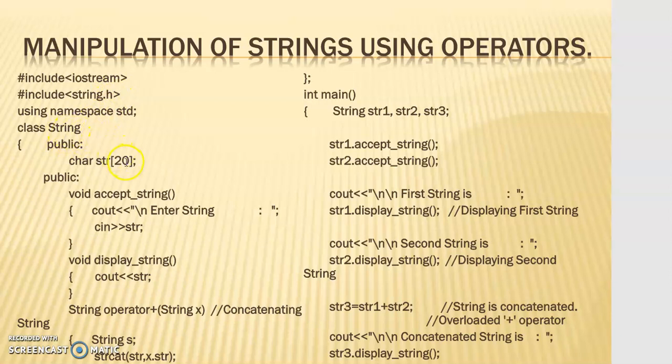Here you have an array of character data type called str of size 20. Then as usual you have the accept string function, which reads a text into str. You have a display_string function, where you display the str content stored. You have the operator overloading function defined over here.